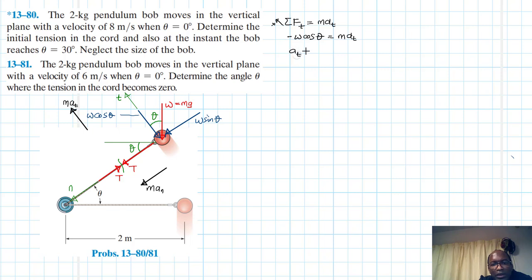Therefore, our a_t is just going to be equal to minus W cos theta divided by m, which is just equal to mg cos theta divided by m, and then our a_t is just equal to g cos theta, which is minus, okay.